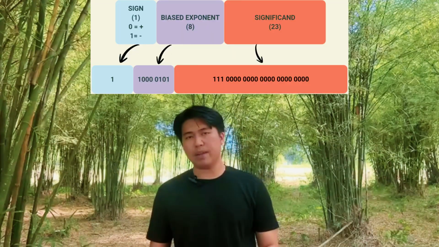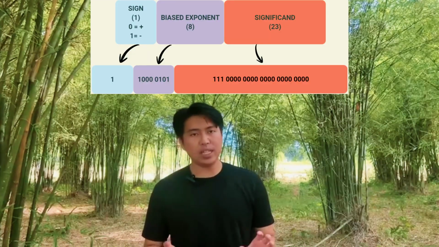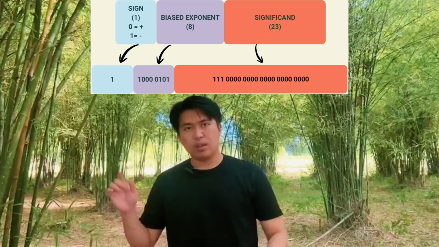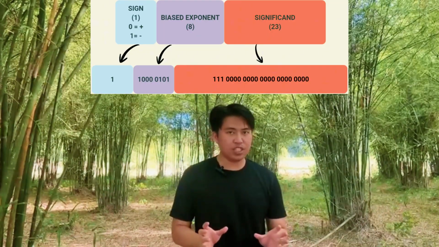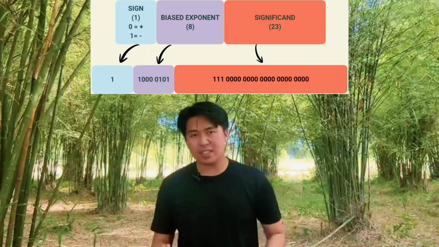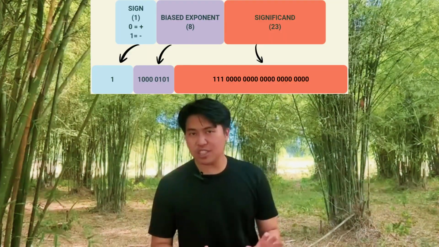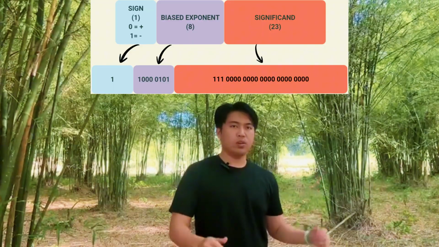So, in this step, we need to divide the binary digits and put them in their sections. 1 binary digit for the sign, 8 binary digits for the bias exponent, and 23 binary digits in significand.